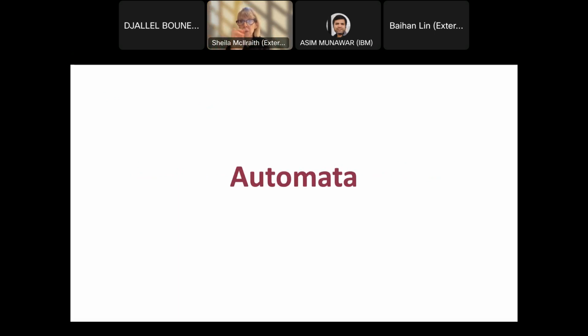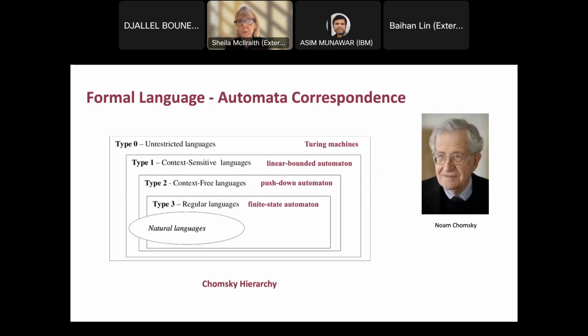I'm going to write those reward-worthy behaviors in linear temporal logic or directly in automata, and I'm going to use those for reinforcement learning. So just to give you a sense of why automata are very important, this is just a sort of 101. Maybe some of you remember this from an automata, a formal language course you took as an undergraduate.